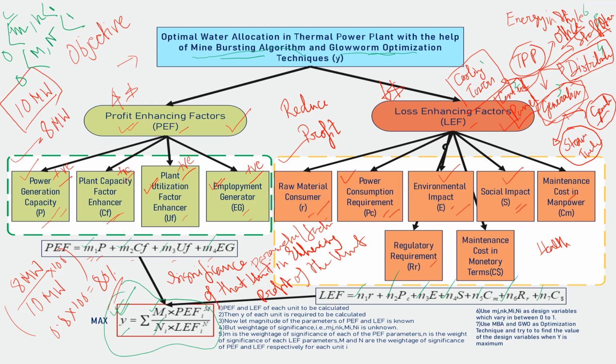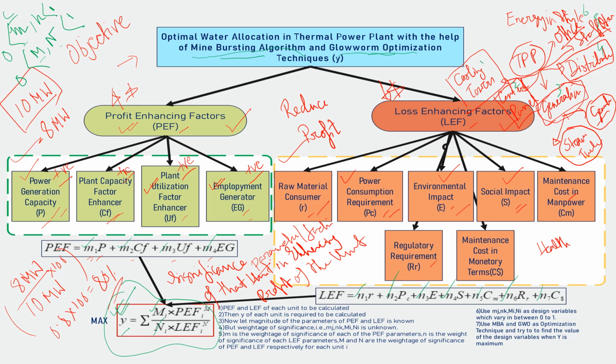So this algorithm always looks for that optimal position. Here the position is replaced by this small m, big M, big N. And in the glowworm optimization technique, the position of the glowworm is considered.